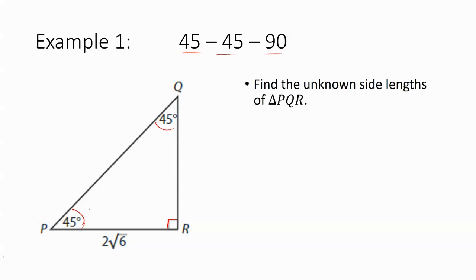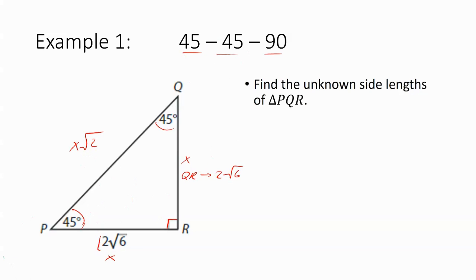So our ratios, if you remember them, QR has to be x, and PR has to be the same. So by that logic, QR should also be the same as PR, so it'll be 2 square root of 6. And then the hypotenuse, remember, is x times the square root of 2, always, for 45, 45, 90.